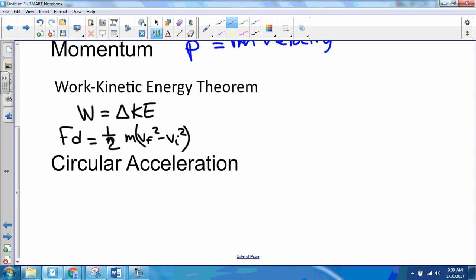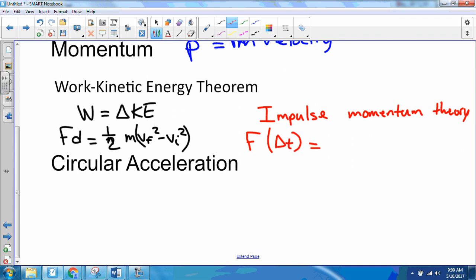The other thing we just added, because I forgot to write it down earlier, is the impulse momentum theorem, which is that the force times the time is equal to the change in momentum, which is the mass times the change in velocity.